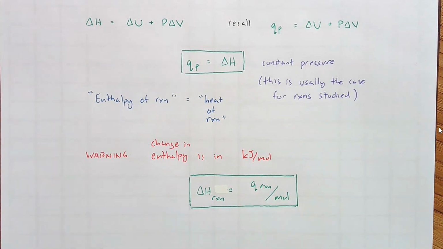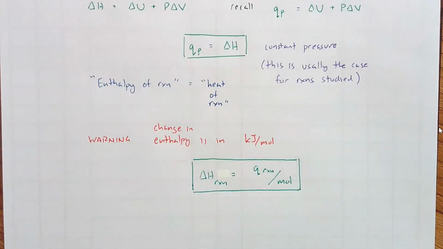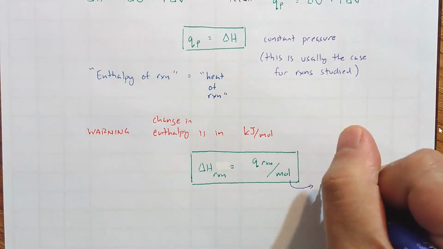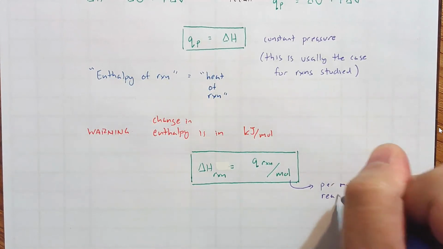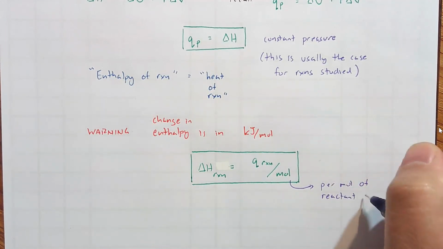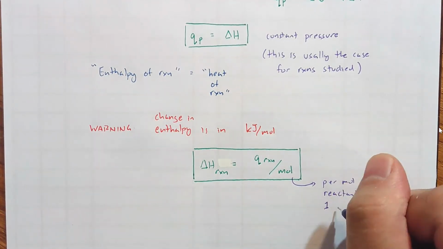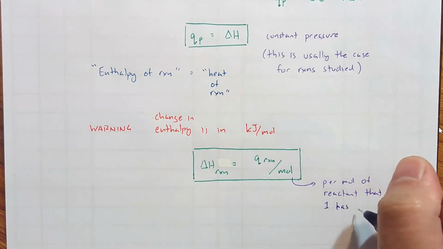Per mole. What gets a little bit hairy is when your coefficients are not all 1, okay? Because this mole actually means per mole of reactant that has 1 as a coefficient. And I'll explain that in just a bit.